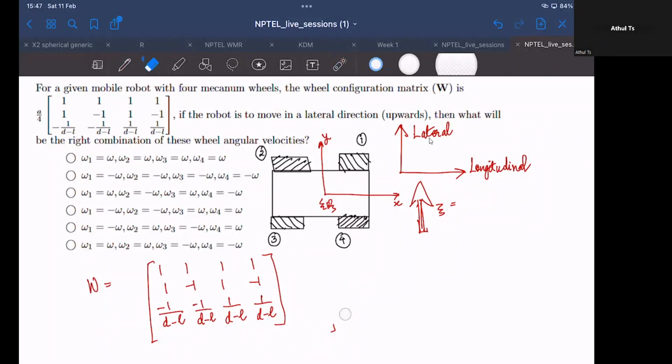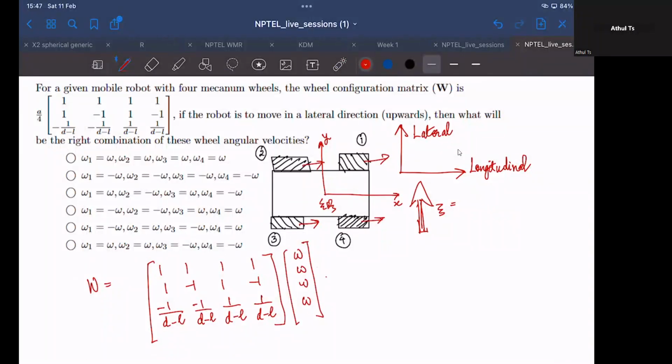So we'll take a look at each of these cases. What would we get for the first case, where omega 1 is omega, omega 2 is also omega, omega 3 is omega, omega 4 is omega? If we are giving equal angular velocities in equal directions for all four wheels, how would the robot move?